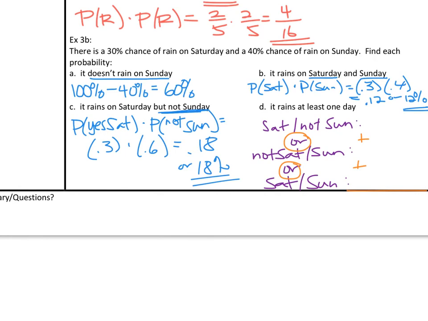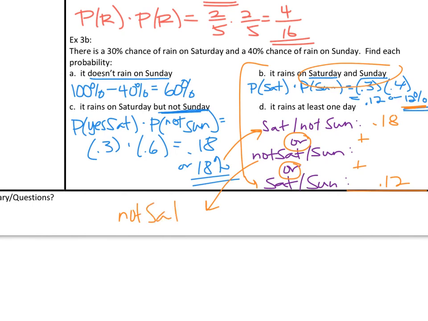All right, so Saturday and not Sunday. Let's see, do we have that one? We do have that one. That one's 0.18. We found that from over here. That's that option. We know both Saturday and Sunday, that's 0.12. That would be this bottom option. We just need to determine the not Saturday but on Sunday. So if there's a 30% chance of rain on Saturday, that means there's a 70% chance that it won't rain.